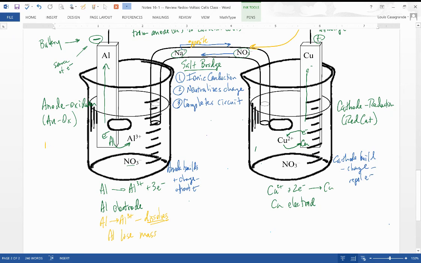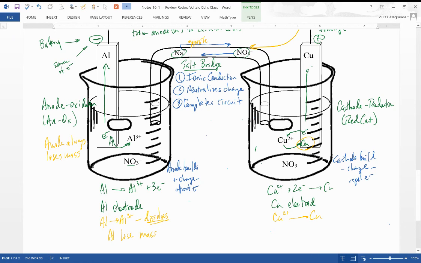And the anode, because it's the oxidation, the anode will always lose mass. And at our lab next week, we're going to talk about that.